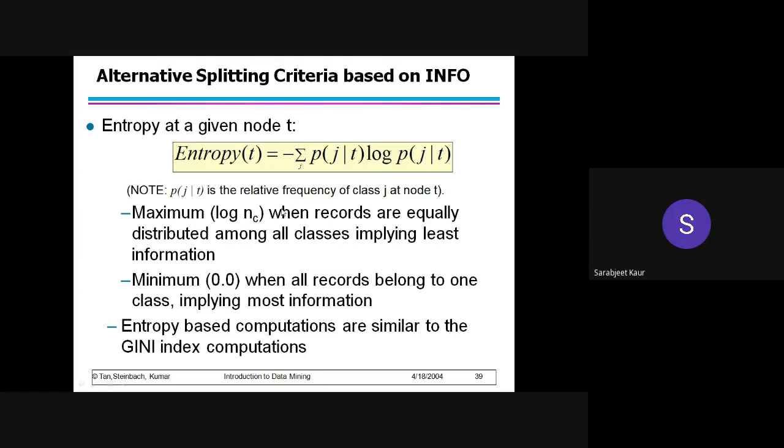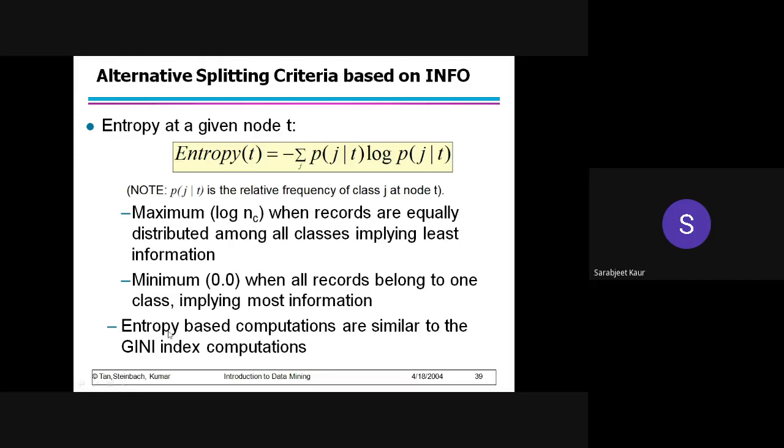And the maximum value in this case, you can take a small example and try computing it. You should verify this, so it will come out to be log of NC. The other things are the same. PJT is again the relative frequency of a class J at a particular node T.